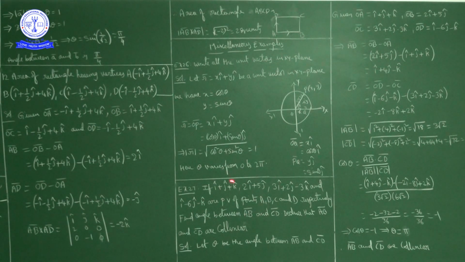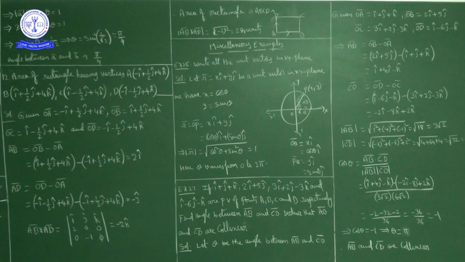Position vector of A, OA bar, is equal to i cap plus j cap plus k cap. Position vector of B, OB bar, is equal to 2i cap plus 5j cap. Position vector of C, OC bar, is 3i cap plus 2j cap minus 3k cap. And position vector of D, OD bar, is equal to i cap minus 6j cap minus k cap.